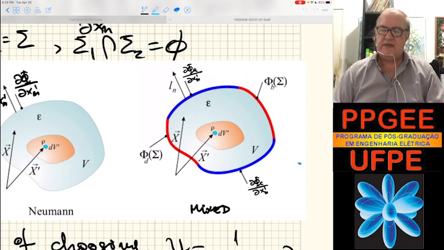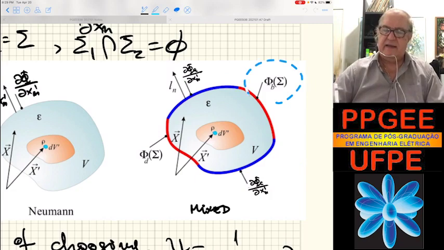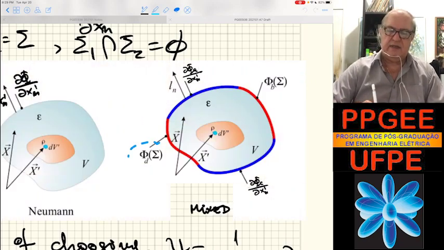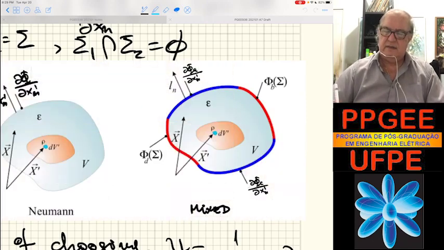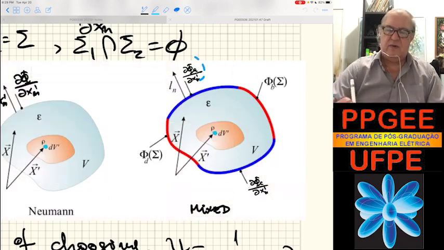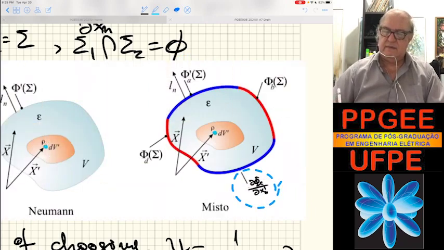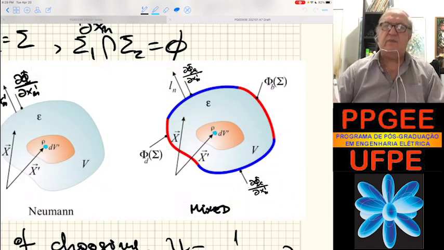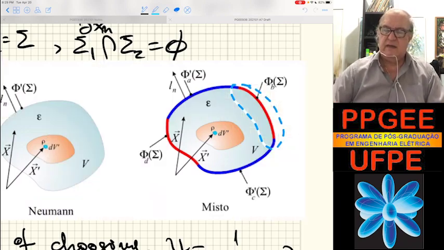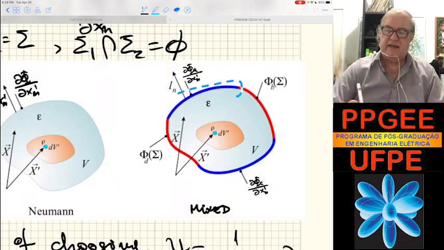And finally, the one that we call the mixed boundary value problem, in which we specify potential on those red regions here, let's say, and the normal derivative in complementary regions. I mean, this is specified in this region here, which is different from that region, right?